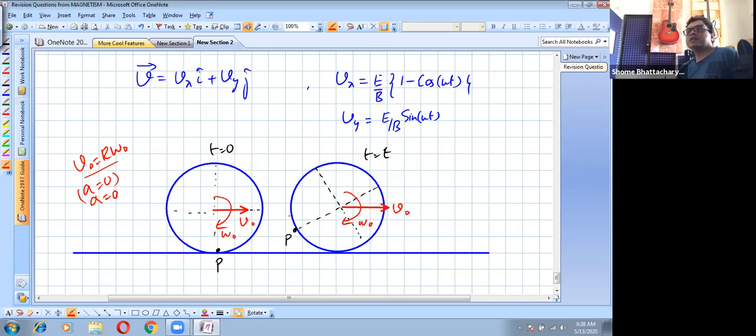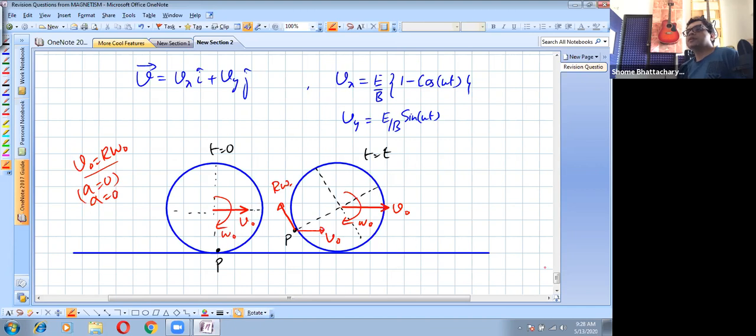So at some general time t, this particle would have a tangential velocity of r omega naught like this about the center of mass plus the velocity of the center of mass. So its general velocity would be the vector sum of these two.